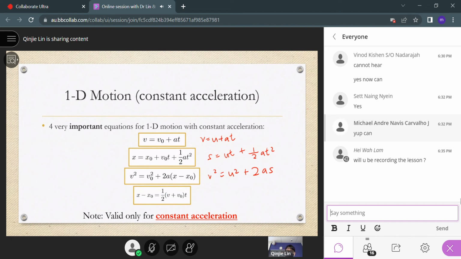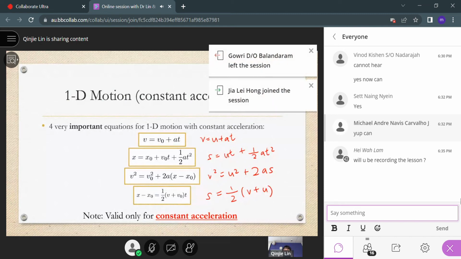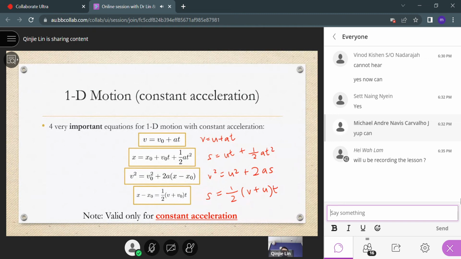Then the fourth one will be s equals half (v plus u) t, or (u plus v) t, it's the same thing, up to you to memorize. So these are equivalent equations. I personally would prefer this one, because there are no naughts everywhere. They are harder, more things to write and more things to say.